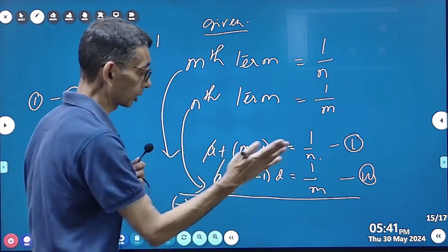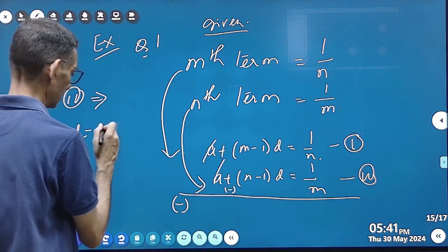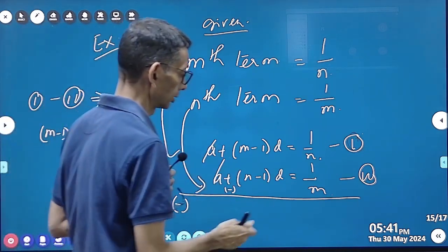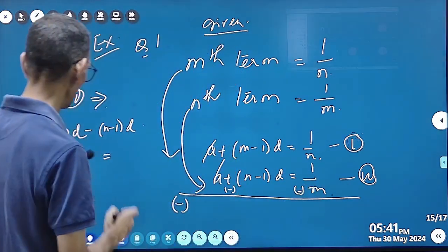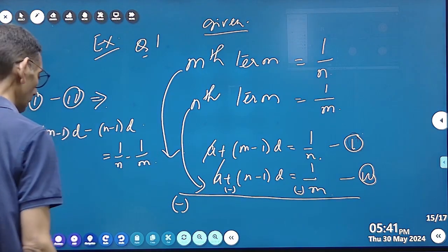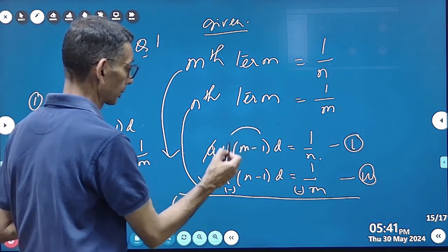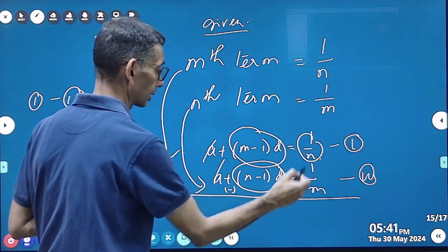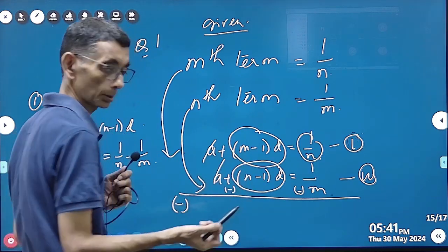We know that on subtracting, the sign below turns to minus. So it is n minus 1 D, done. It is equal to 1 by n minus 1 by m. Is that okay? Understood? The first term we write first, and D we put first, then you will put a minus sign and write it. A minus A becomes 0.